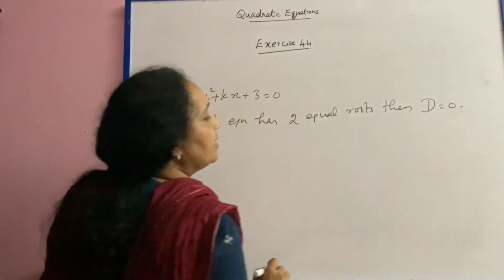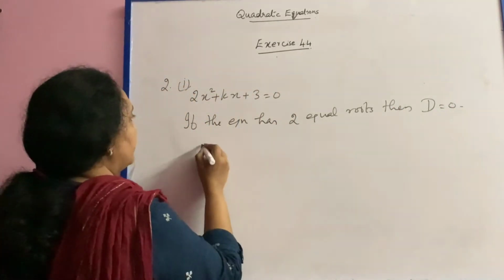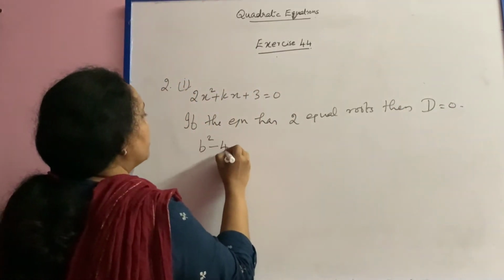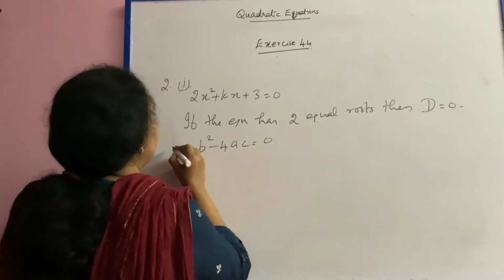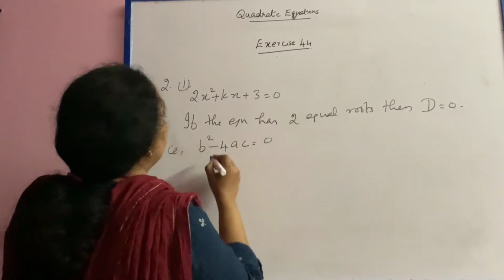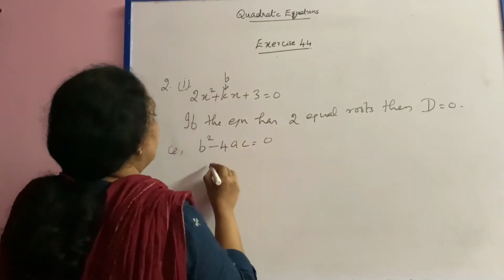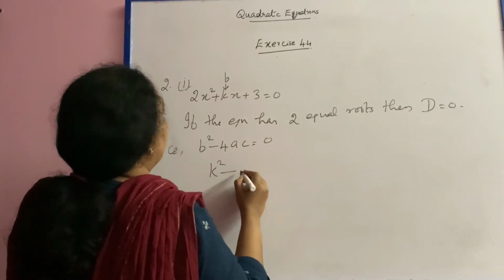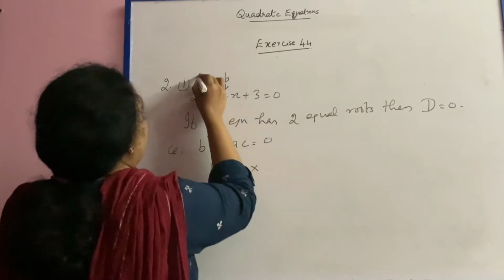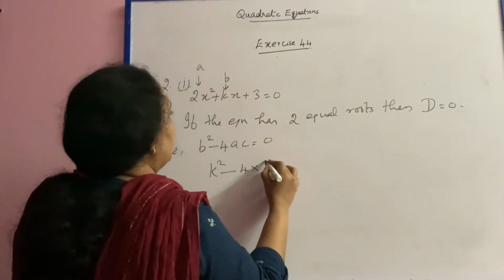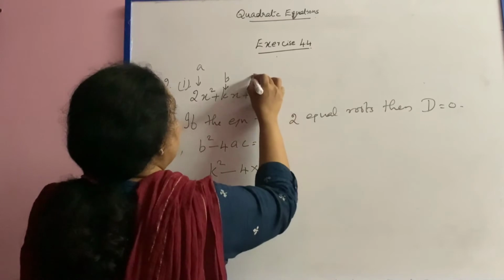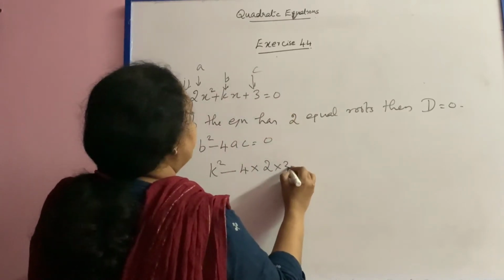What is D? D is the discriminant, that is b square minus 4ac is equal to 0. What is b here? This is our b. It is k square minus 4 into, this is a, 2 into c.